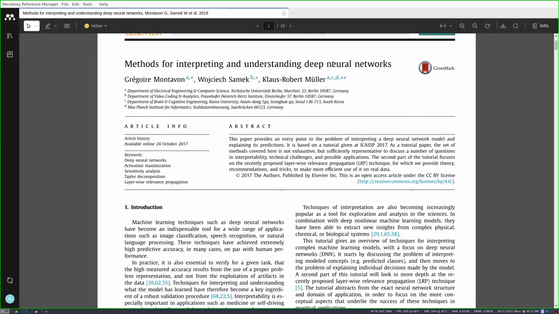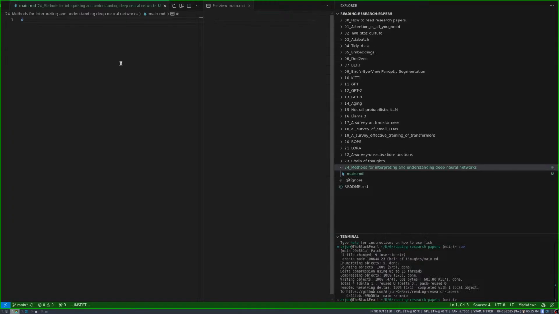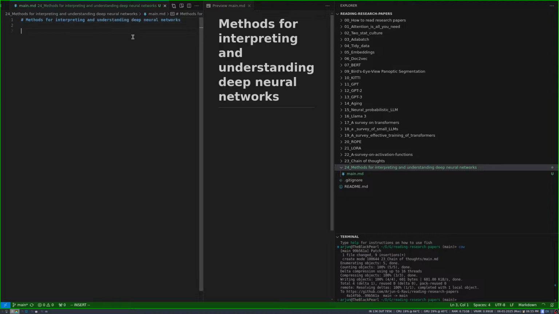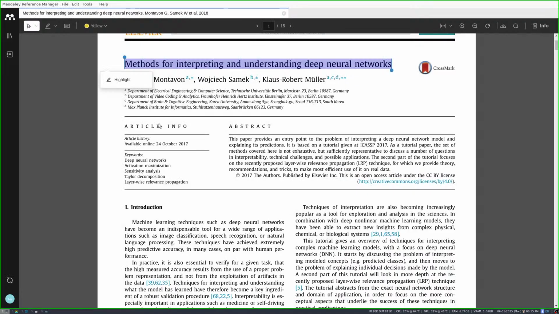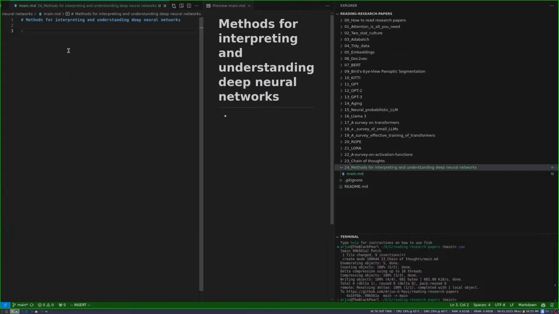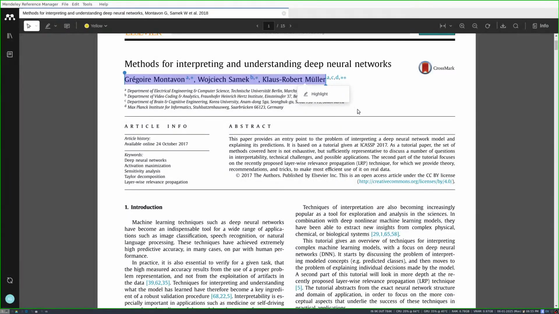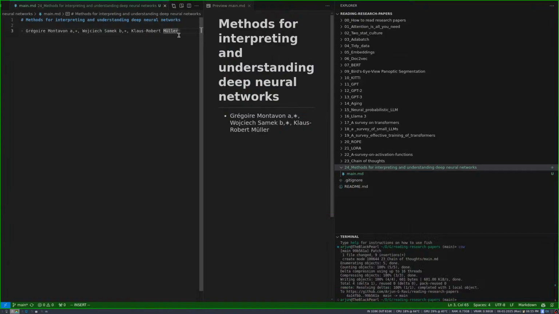But before that, we'll just do level one skimming, which means I'll just read what I call the most important parts, which is the abstract and the conclusion.